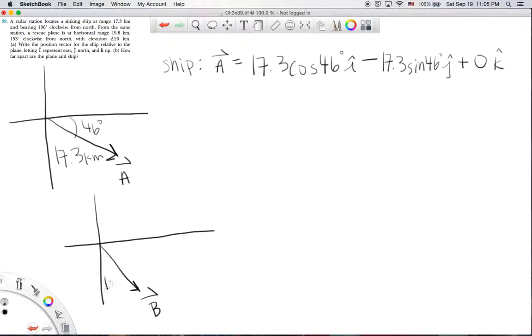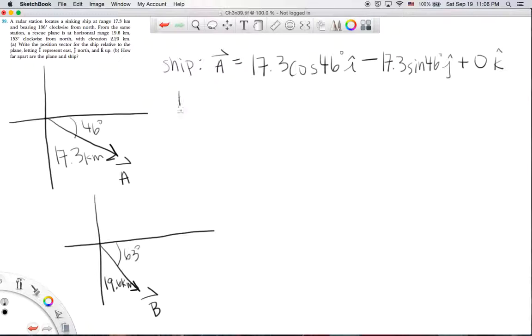It has magnitude 19.6 kilometers. And this angle will be 63 degrees because 90 plus 63 is 153 degrees.